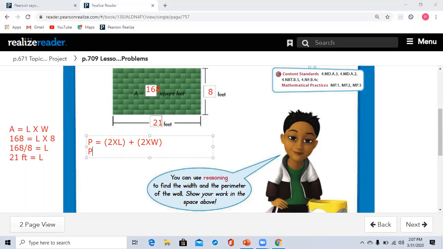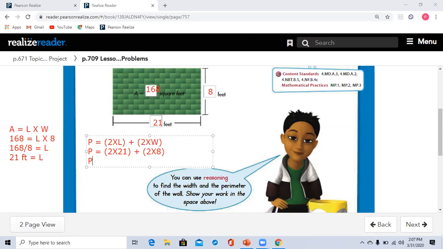By figuring out what my length is, I can say I've got 2 times 21. And I can add that to 2 times 8, which has been given to us on the top there.